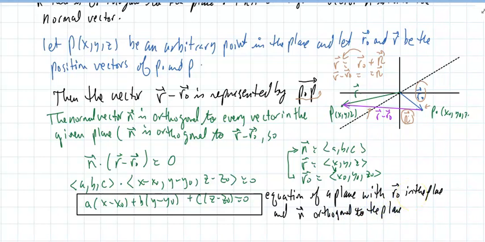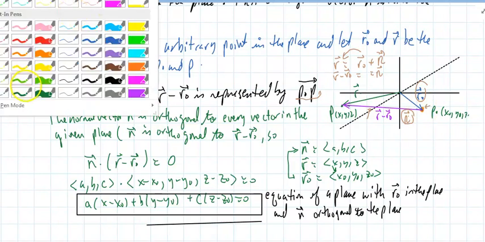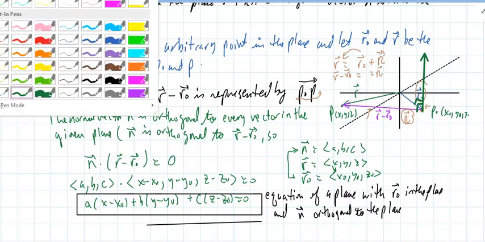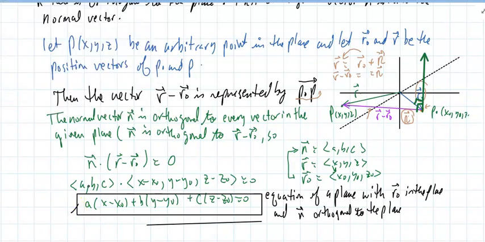To find an equation of a plane, I need a point on the plane, and the orthogonal vector is actually perpendicular to every vector on the plane. And that's pretty much the big secret. All of this work to get that equation.